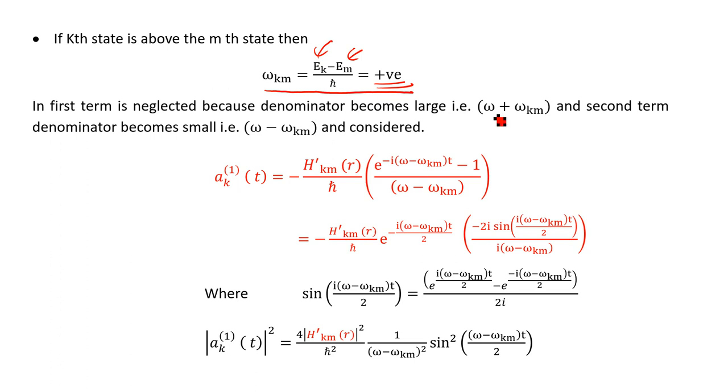If denominator is large, then the term will be small and second term will be considered this.